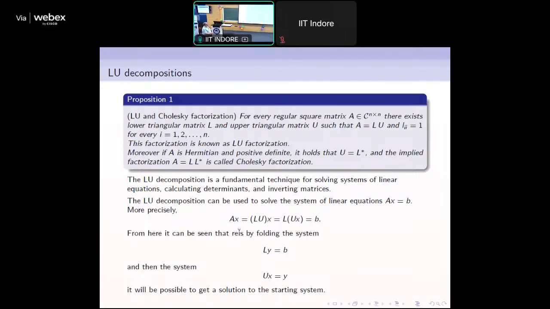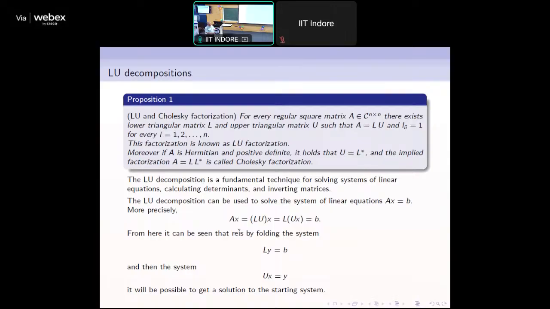There are other matrix decompositions such as LU matrix decomposition. Again, more about LU decomposition will be presented later. L is lower triangular with ones on the main diagonal, L_ii is equal to 1.